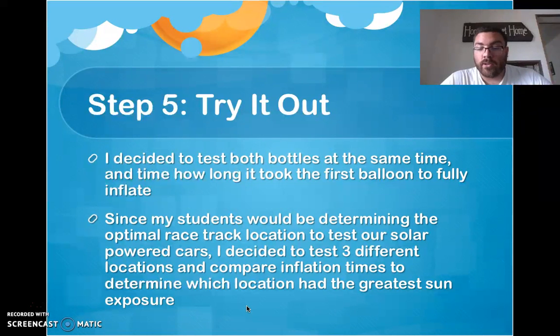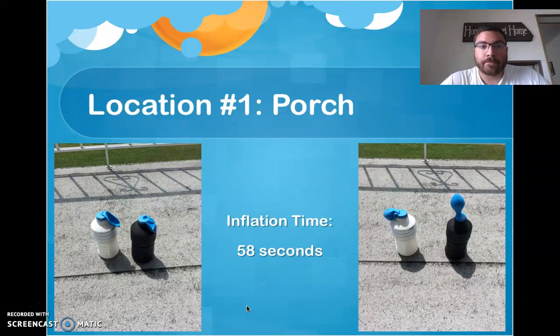So by comparing those different times would allow us to see which had the greatest sun exposure, as well as, since we're testing them all at the same time, determining which color works best.